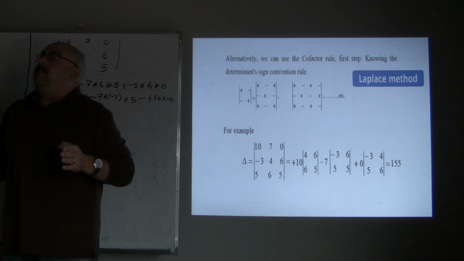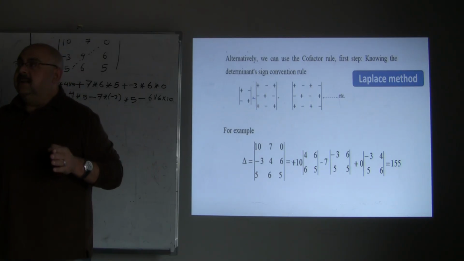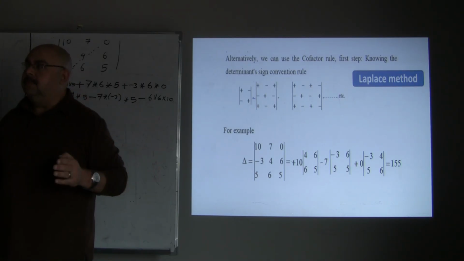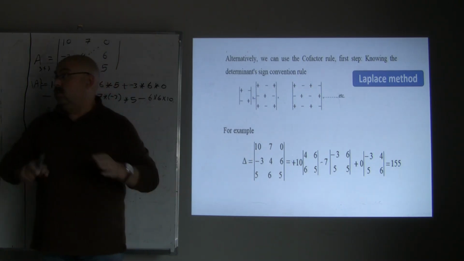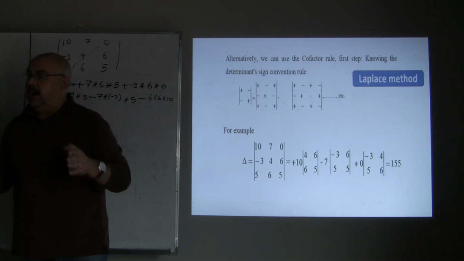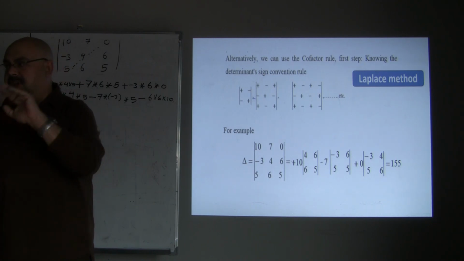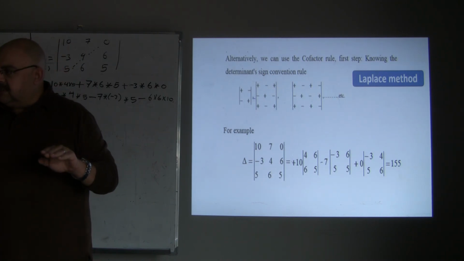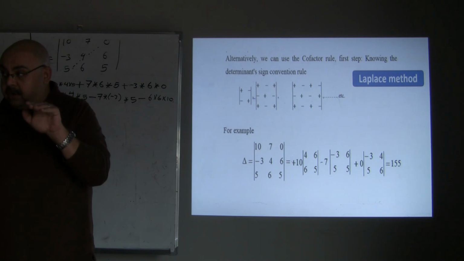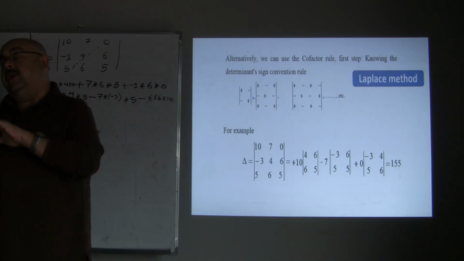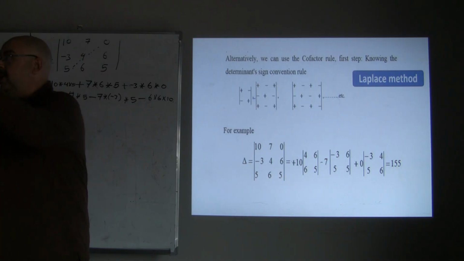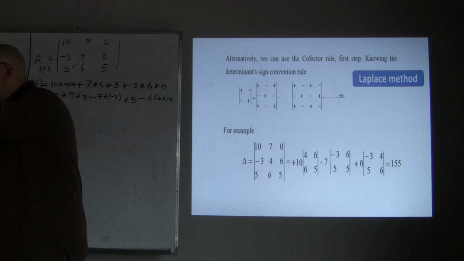So if I have 4 by 4, 4 rows, 4 columns, if I'm using the plus method, there is no other way, or that's the best way to go. I have 4 by 4, so I will choose any row, any column. If you have 4 by 4, you will have to eliminate row and column. So if you eliminate row and column from a 4 by 4, you will end up having 3 by 3.